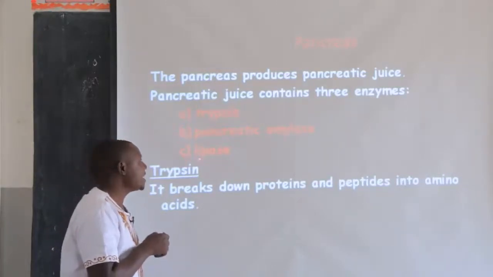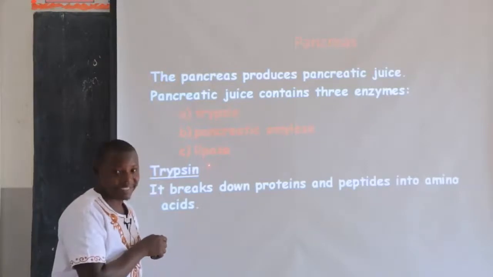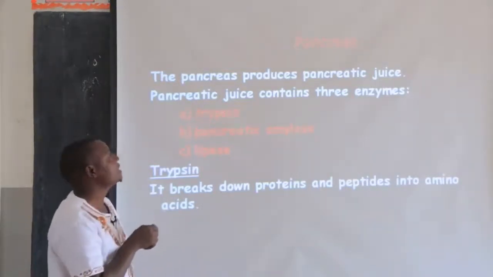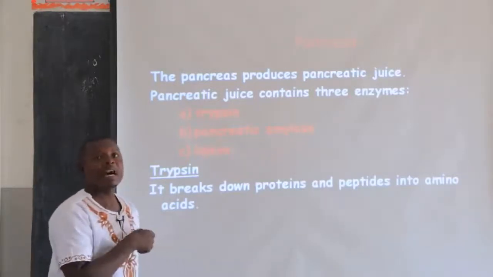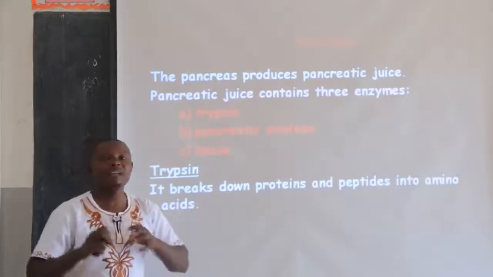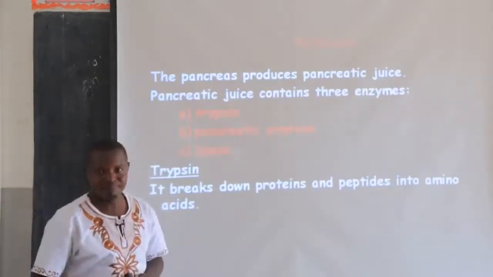And then 3, lipase, or some people read it lipase. So those are the 3: trypsin, pancreatic amylase, and lipase. Those are the 3 enzymes that help in digesting food in the duodenum.